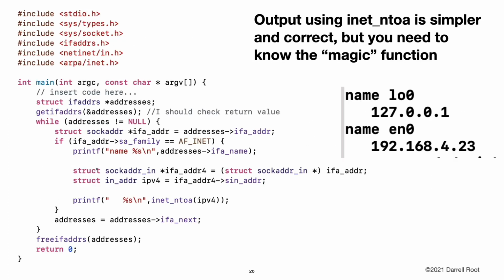Here's an example using it. It's the same as the prior example, except once we get our 32-bit unsigned, or once we get our in_addr structure, we pass it into inet_ntoa and just print that out, and you can see it prints out the IPv4 addresses in the correct byte order.